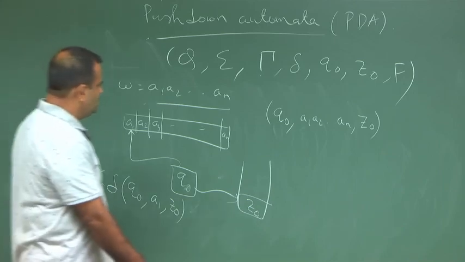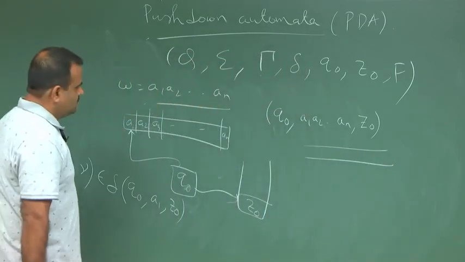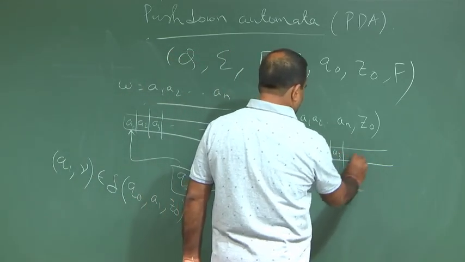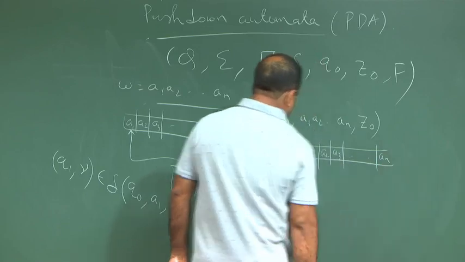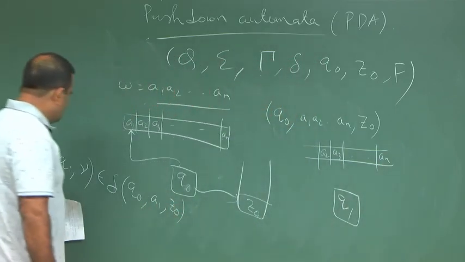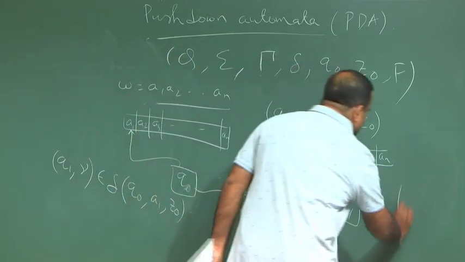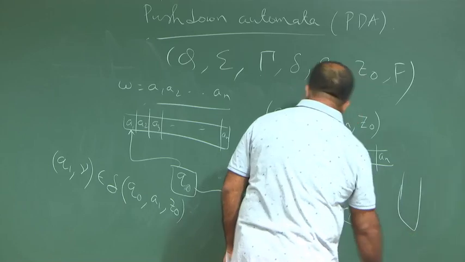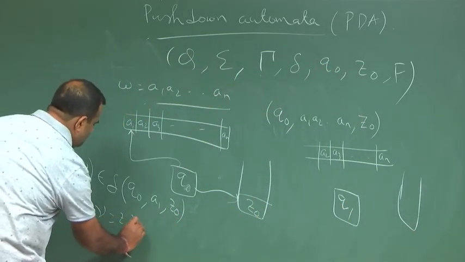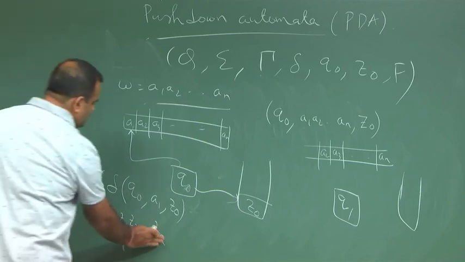What will the next situation be? Our tape, where we have already read A1, is now A2, A3, up to An, and we are at Q1, the next state, since we are choosing that option. And the stack is gamma, which consists of Z1, Z2, up to ZL, or say Zk.